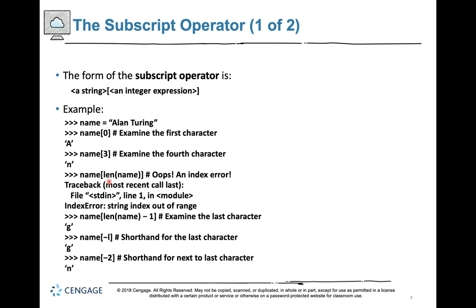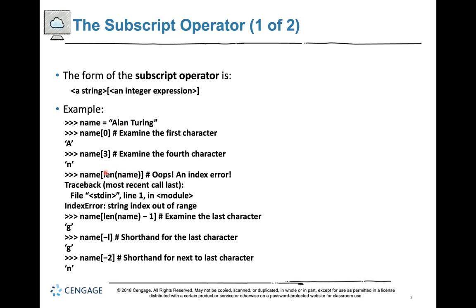Now, if we know the length of the string, you can use the length function to get the length of the string. And then this length is not a valid index. Actually, this is just beyond the valid index. The index is from 0 to the length minus 1.